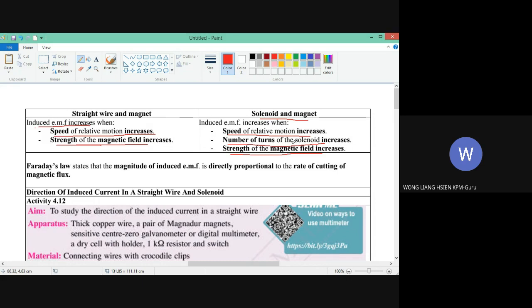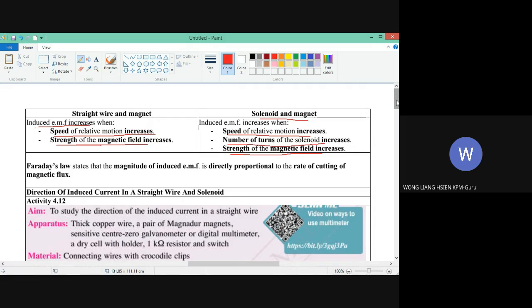The actual concepts to increase the strength of the induced EMF are only two. First, you have higher relative motion, you move faster and cut faster. Second, you use a stronger magnetic field, that means the bar magnet that you use is stronger.